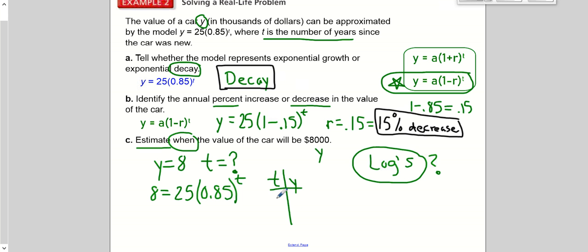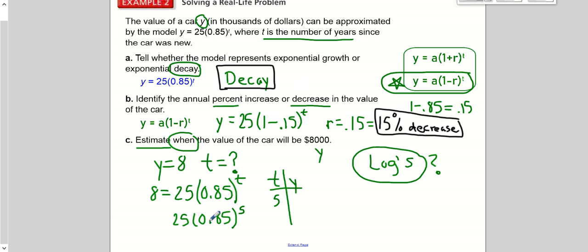So what if t is 5? When t is 5, put in the equation 25, grab a calculator, do 0.85 to the 5th power, and multiply it by 25.